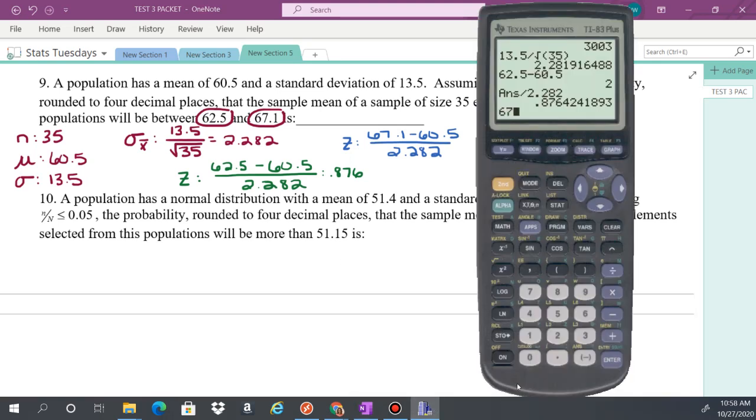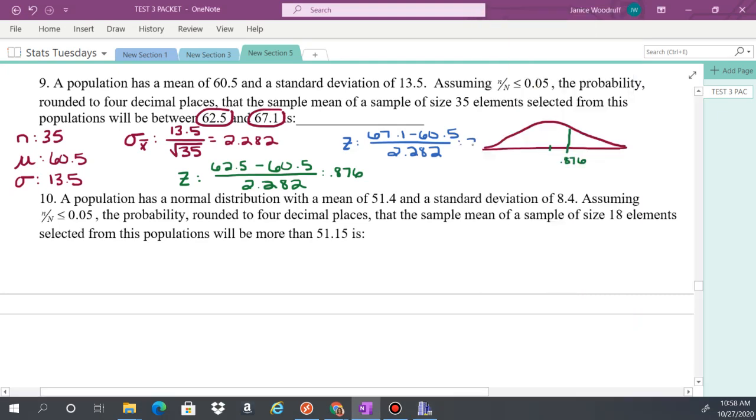So 67.1 minus 60.5 gives us 6.6, divided by 2.282, we get 2.892. So that's maybe right here. We want to find this area in between these two numbers.